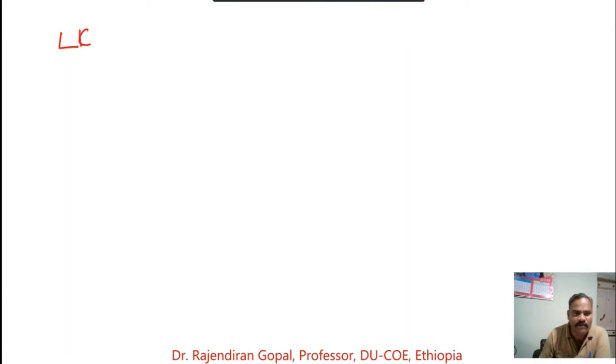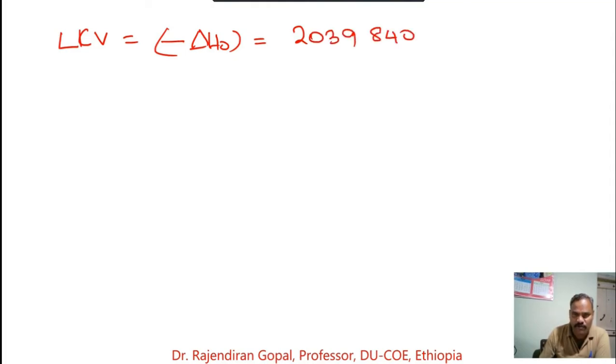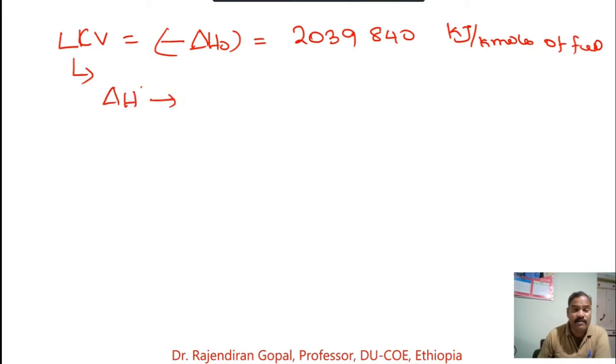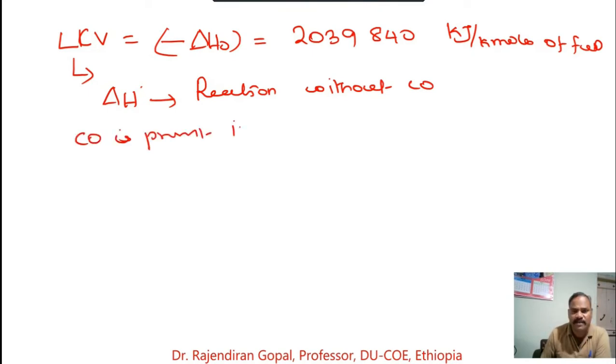Given that the lower calorific value, minus delta H naught, is equal to 2039840 kilojoule per kilomole of fuel. This lower calorific value is for the reaction without CO. However, in our exercise, CO is present in the products, so we have to consider this.